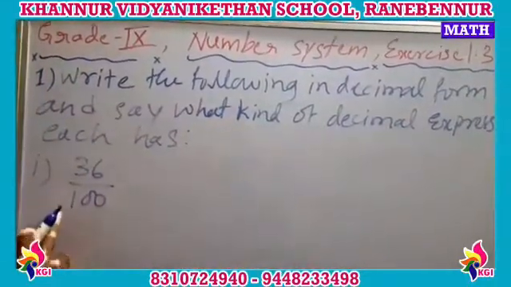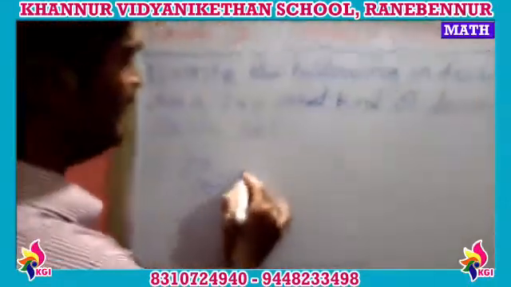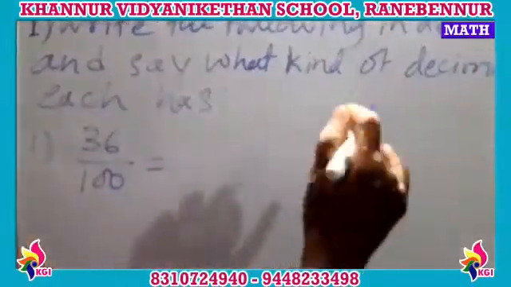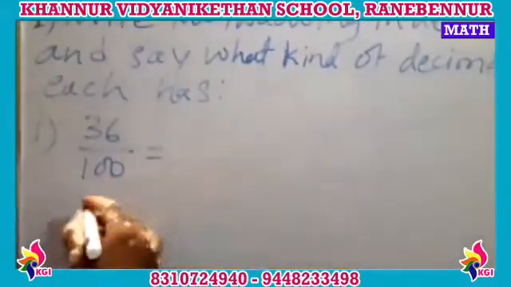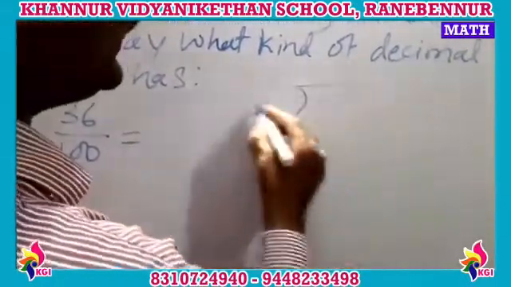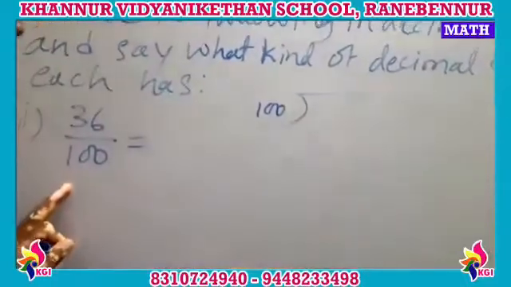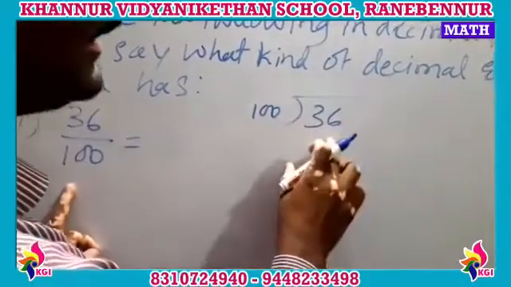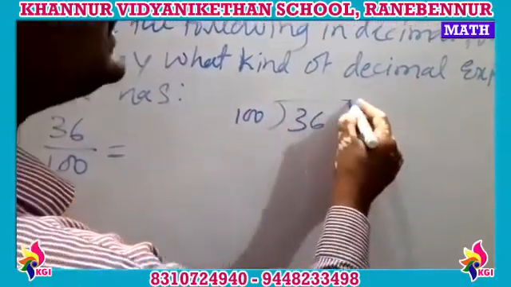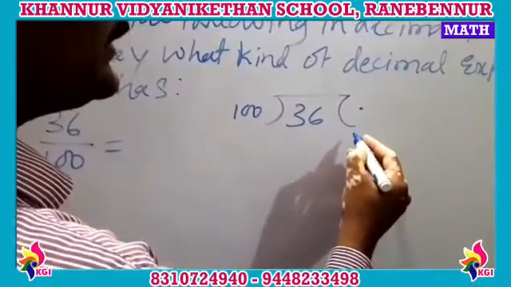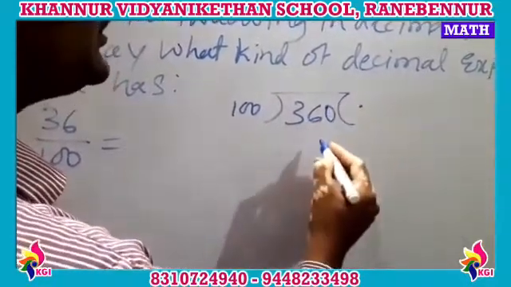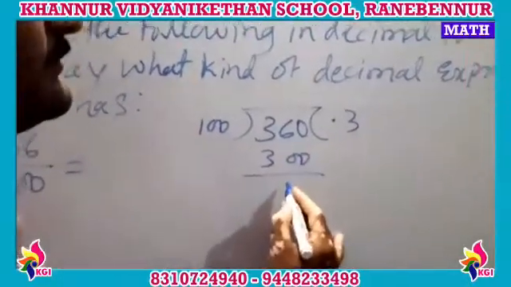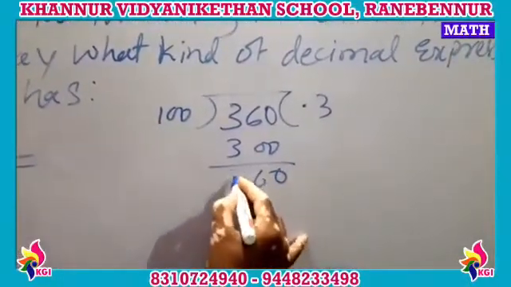In that, the first question is 36 divided by 100. So directly we can mention it over here, but we have to do it according to the method. Okay, so here 100 is there in the denominator, that is coming as a divisor. 36 is over here. Then we want to divide this, it is not possible. But what we have to do is we need to take a point. If I take a point, I can take up a 0. So the next 100 3s are 300. Remained with 0 6 0.